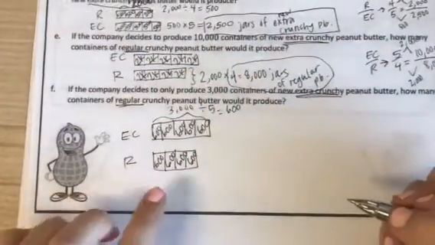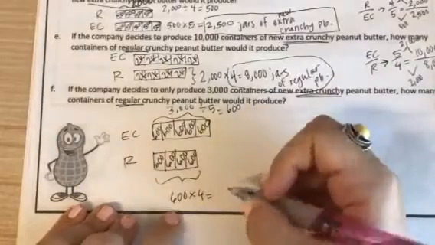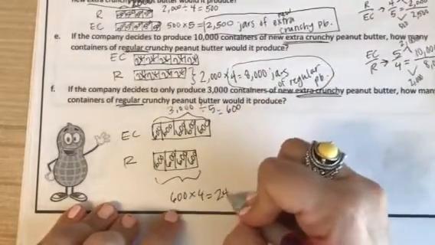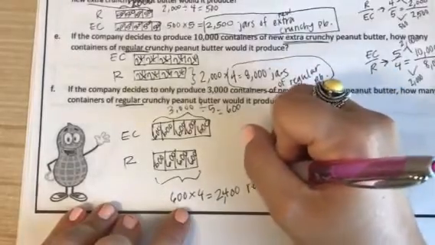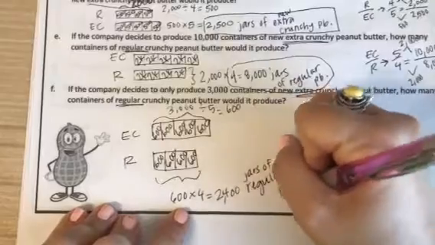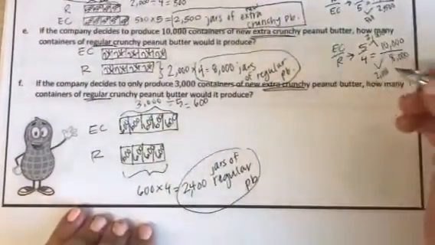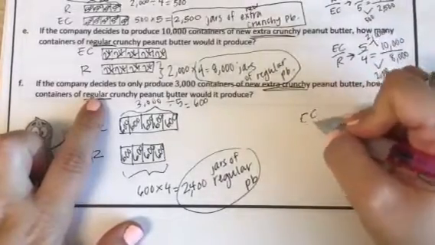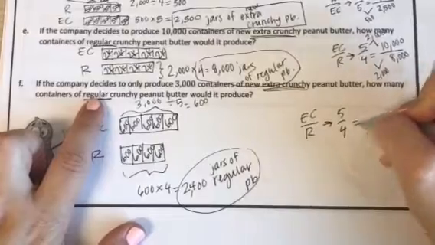Okay, to find regular, I do 600 times 4. I know 6 times 4 is 24. Plug those 2 zeros back in. 2,400 jars of regular peanut butter. And the shortcut one more time. This is extra crunchy to regular ratio, which is 5/4.